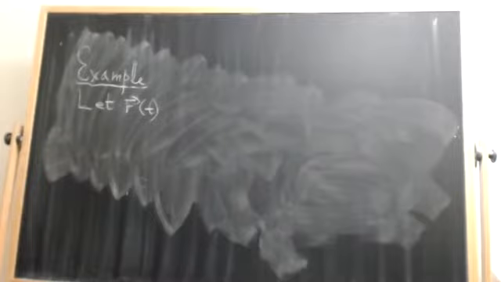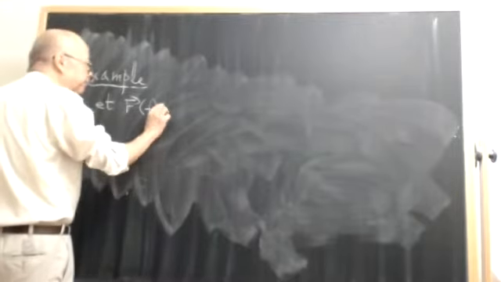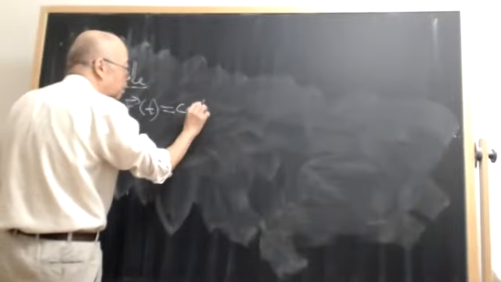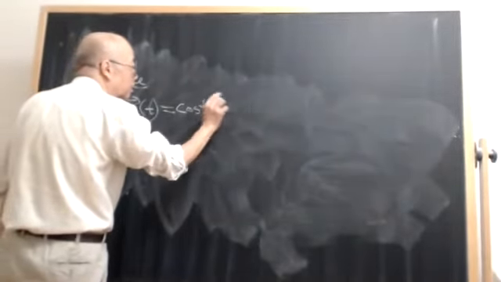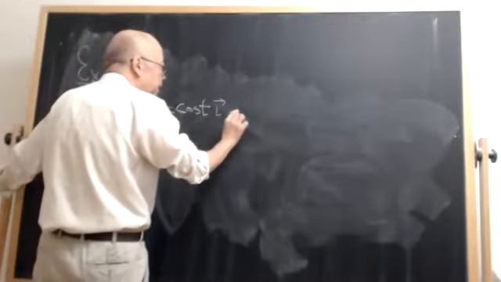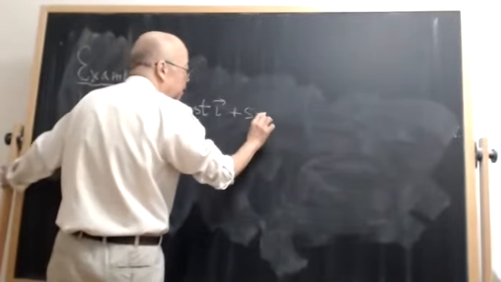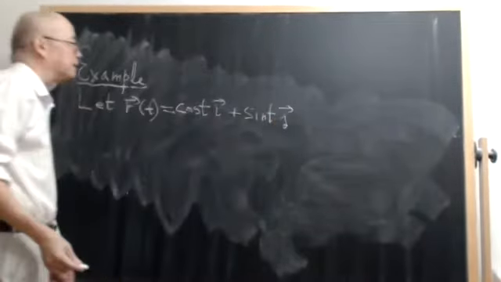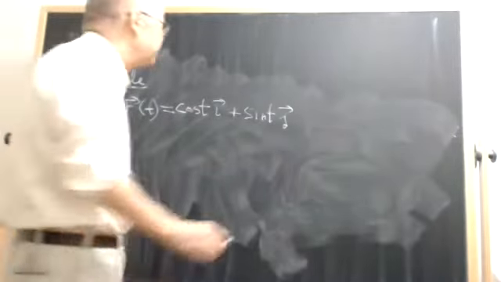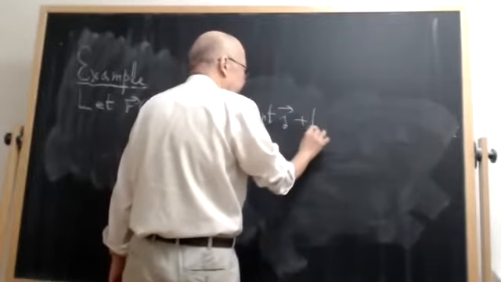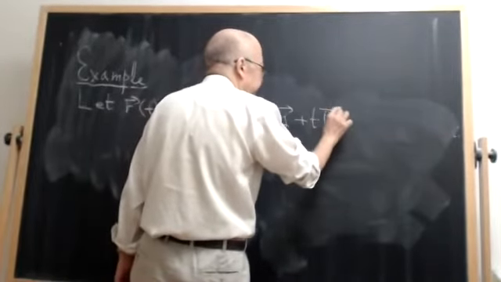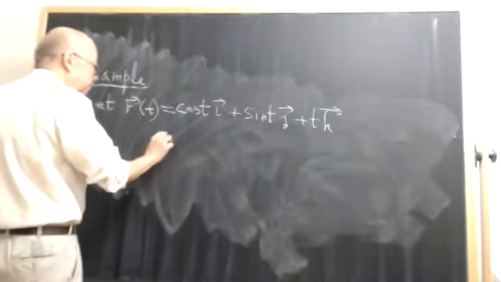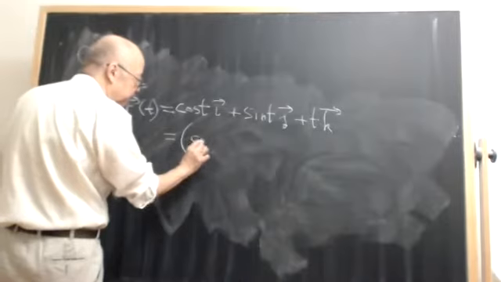So R of t is given by cosine t times i plus sine of t times j plus t times k, which is nothing but the following vector.